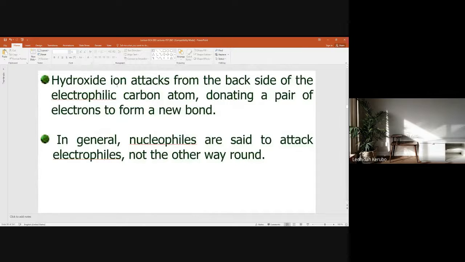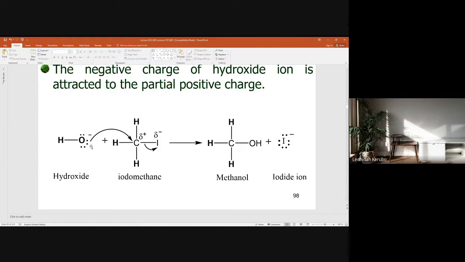So hydroxide ion attacks from the backside of the electrophilic carbon atom, donating a pair of electrons to form a new bond. So this one is already defining the mechanism in which this particular reaction takes place when you have a strong nucleophile and you have also a methyl halide. So this is now showing the real structure. This is a methyl halide. So you have carbon here, which is bearing the halogen, attached only to hydrogens.